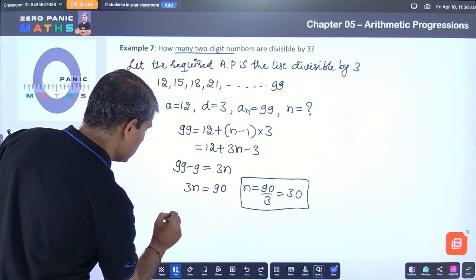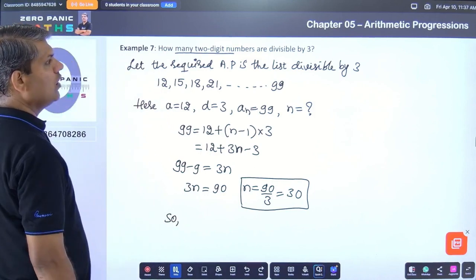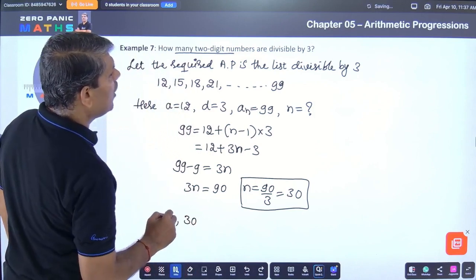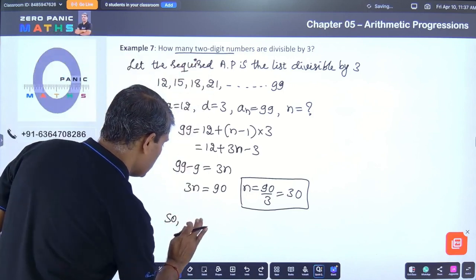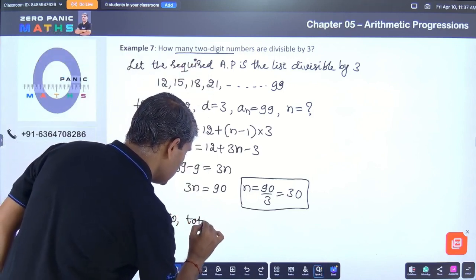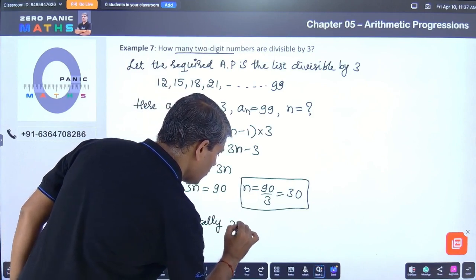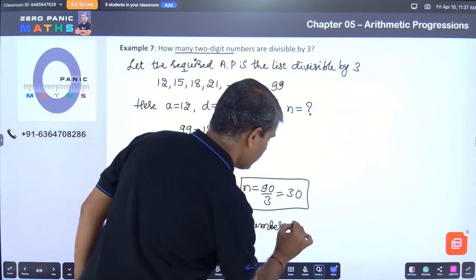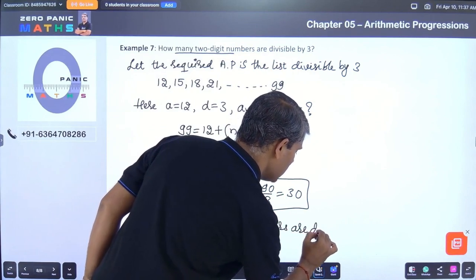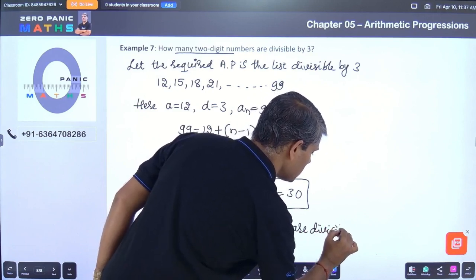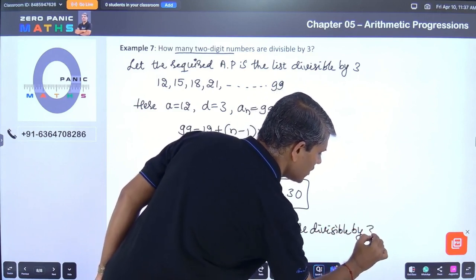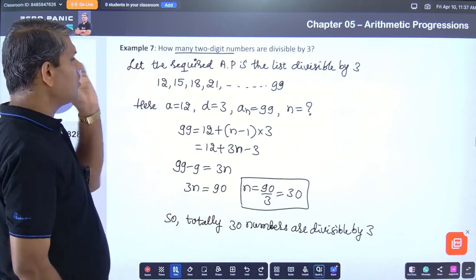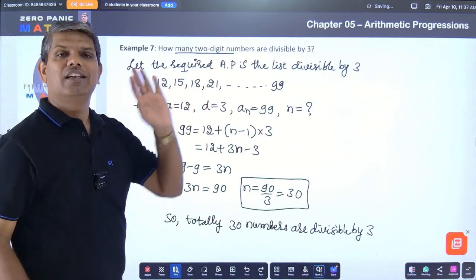So therefore, totally 30 numbers are divisible by 3, because that is what is asked, right? They are asking how many numbers are divisible by 3. So totally 30 numbers are divisible by 3. And what are those 30 numbers? 12, 15, 18, 21 till 99.